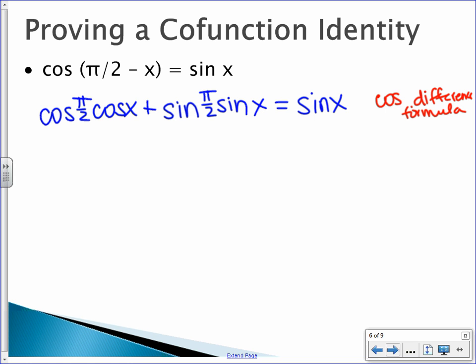Okay, Sean, what is the cosine of pi over 2? 0. And the sine of pi over 2. Matthew, what is it? Good.